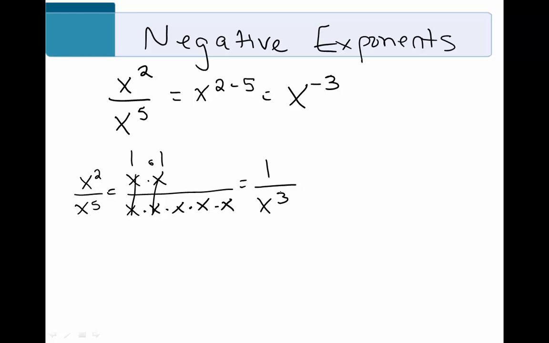So we know that x squared divided by x to the fifth is x to the negative third. We also know that x squared divided by x to the fifth is 1 over x cubed. So this must mean that x to the negative third power is equal to 1 over x cubed.